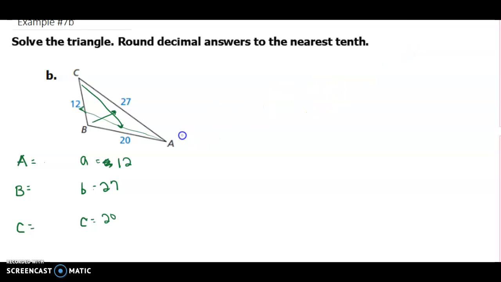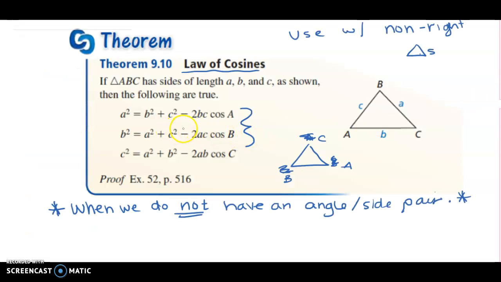And it doesn't matter which one you want to solve for first. I'm just going to go ahead and do A because it's first. And so the only one of the 3 formulas here that has a big A in it is this one right here.